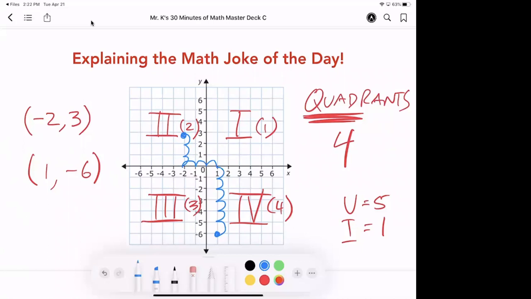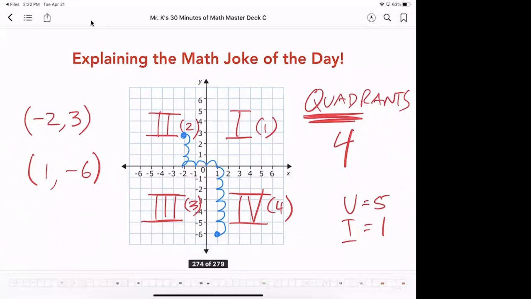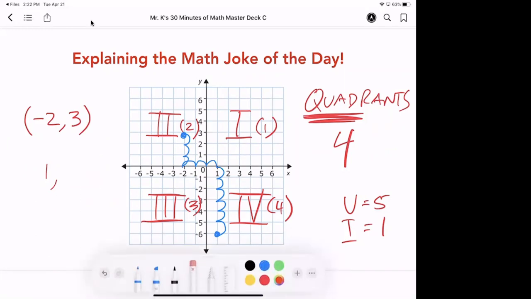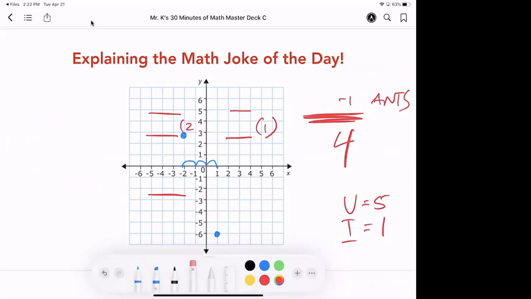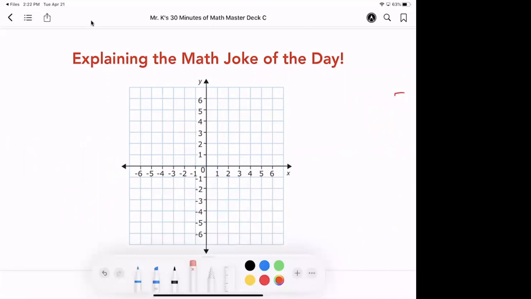Okay, I'd like to teach you something new about our coordinate plane. We're getting a little bit into algebra, which is kind of fun. So let me erase all this stuff so we can try something new out. All right, so let me start by asking you all.